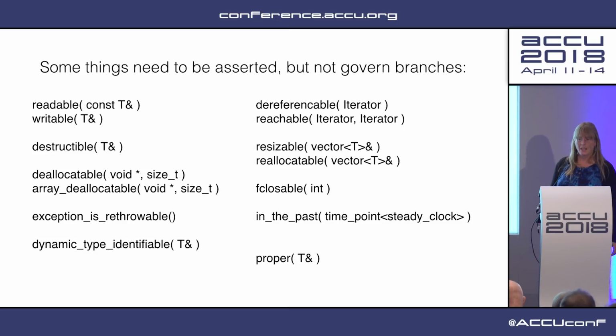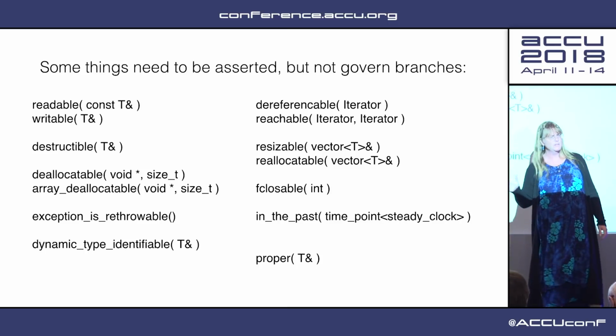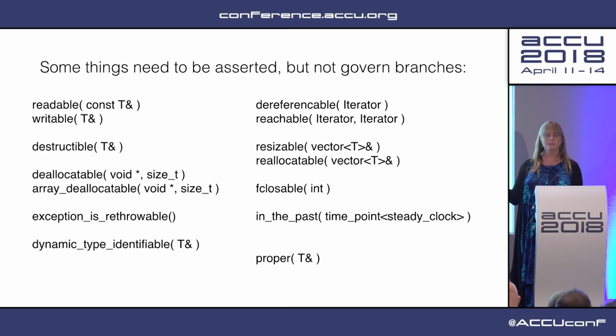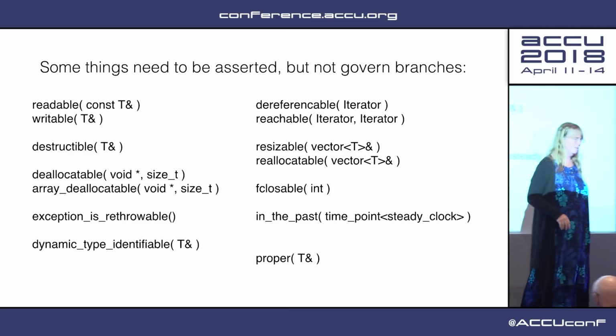F-closable. F-closable is a property of an integer. 5, in some contexts at some times, 5 is an F-closable number. In some contexts and sometimes it's not. It's not like being prime. 5 is always prime, 4 is never prime.